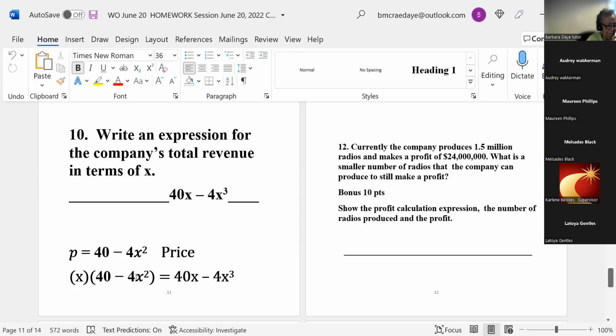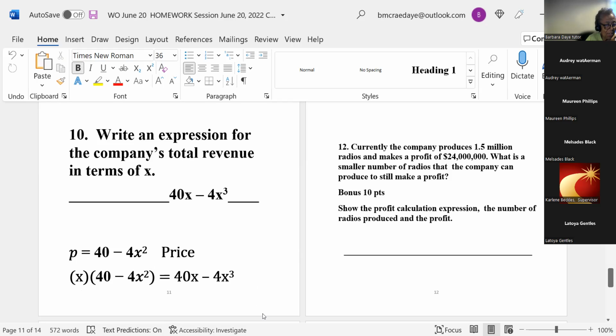In multiplication, you add the powers, so a 2 and a 1 gives you a 3. You're multiplying x times everything in the parentheses. Okay?